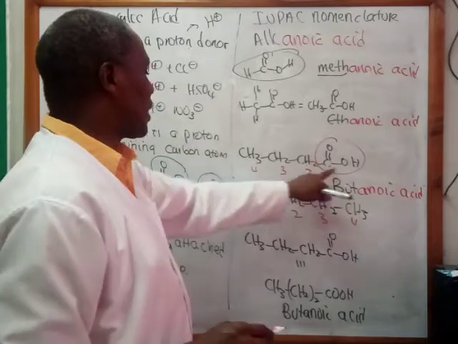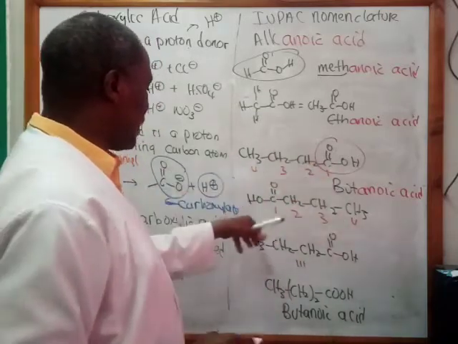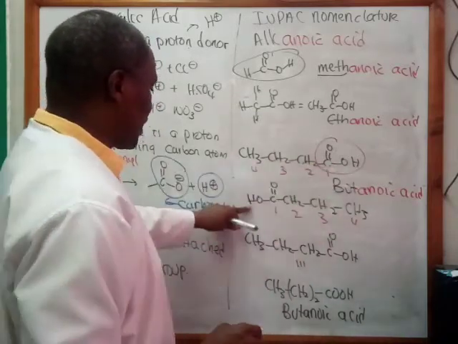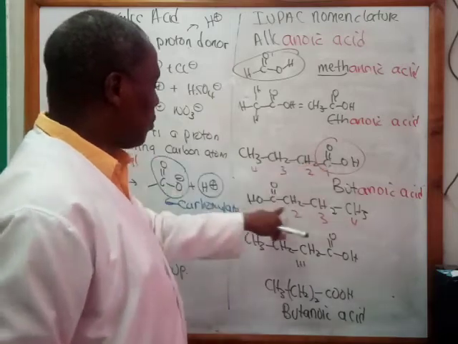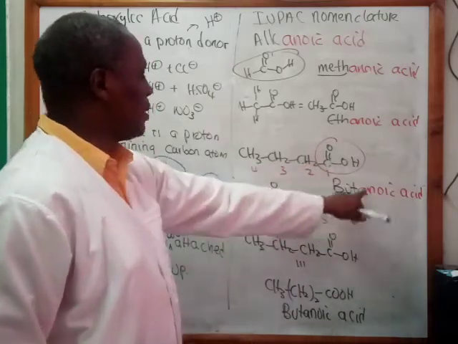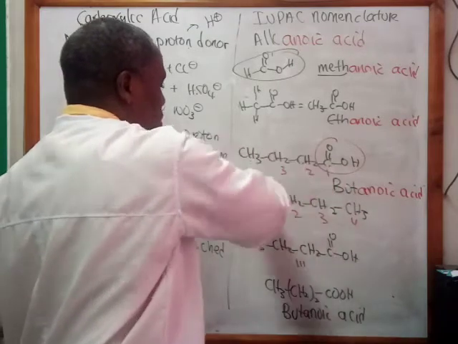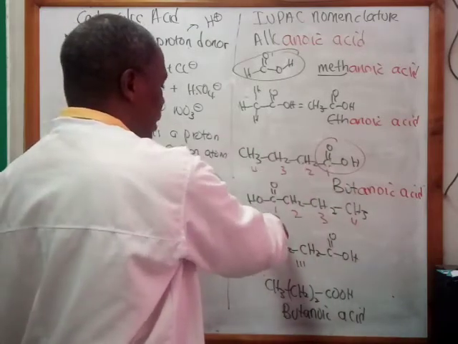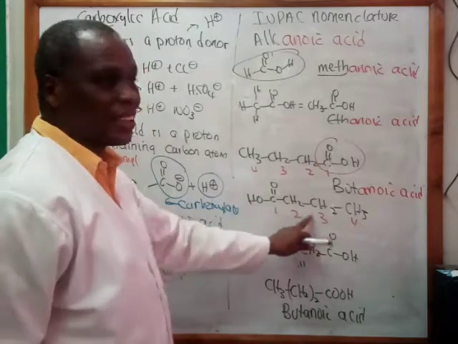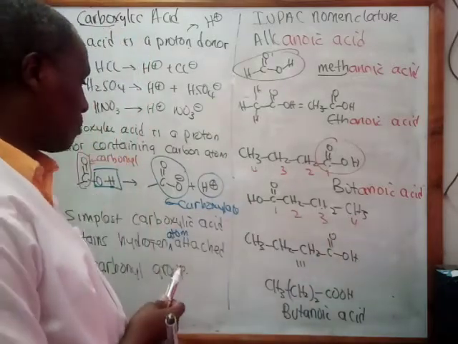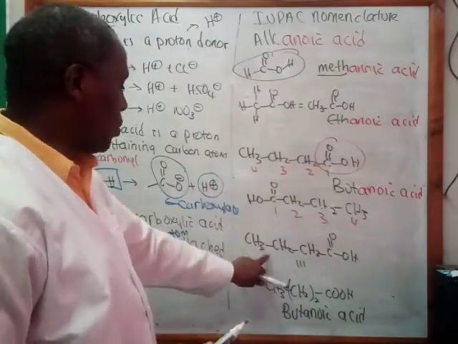This butanoic acid, I've just redrawn the other way around, in which this OH is on the other side. That carbon is still carbon number 1, 2, 3, 4. In this case, you are numbering from right to left, and in this case from left to right. So this is still butanoic acid.